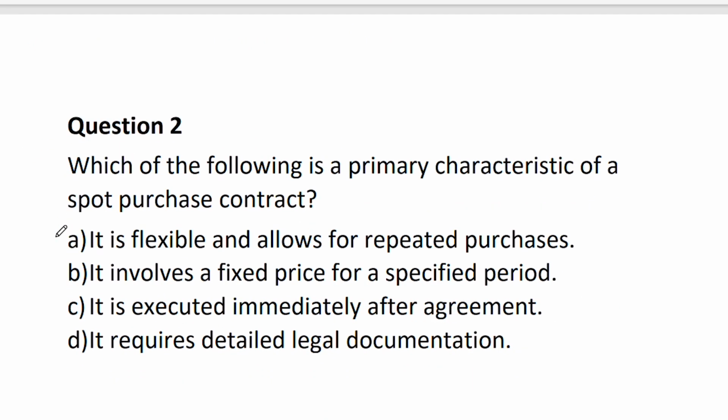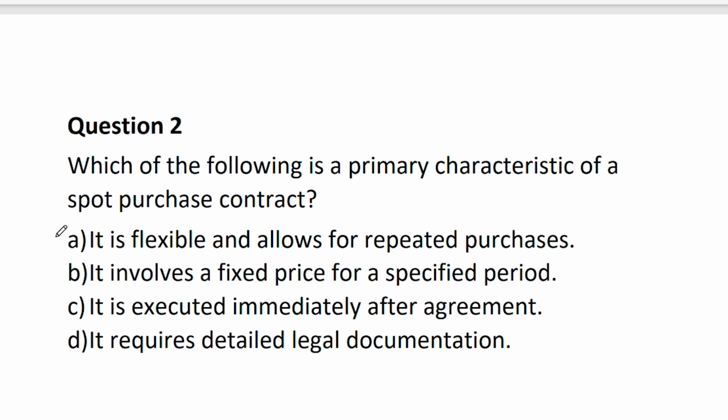Number two, which of the following is a primary characteristic of a spot purchase contract? It is flexible and allows for repeated purchases. Is that it? It involves a fixed price for a specified period.